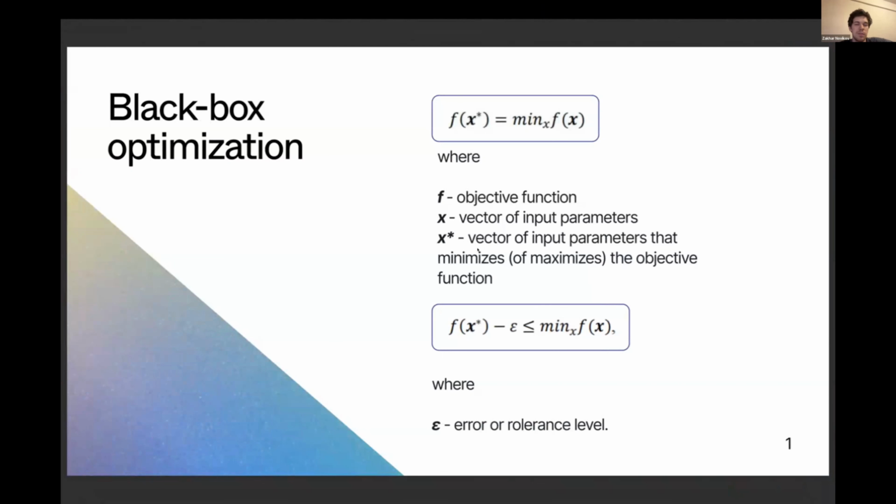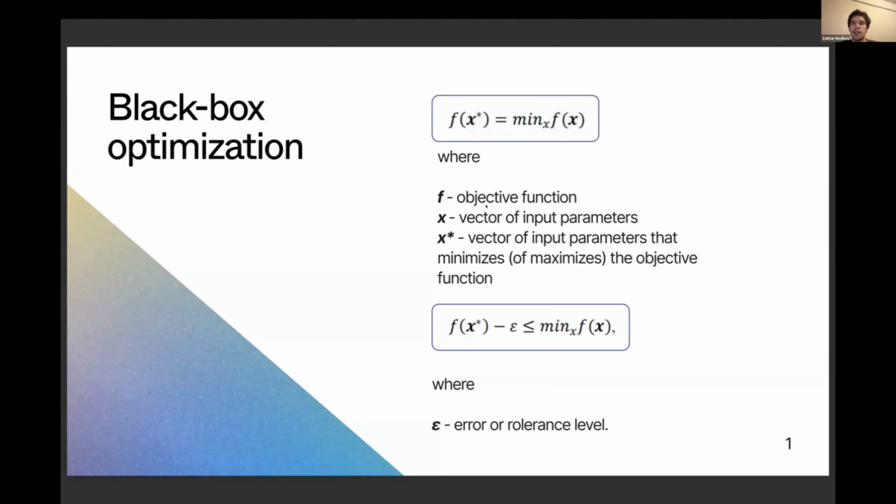Before diving into the specifics, let me explain the context of the problem. We are addressing black box optimization. In these problems, we aim to find the minimum or maximum of a function, but we lack any prior information about its structural behavior.